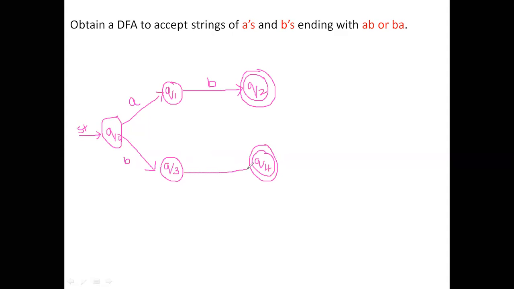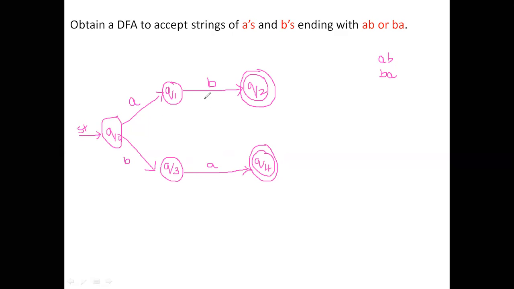Clear? Here it should be A exactly. Then if we receive BA, it will be accepted. So now this particular DFA is able to accept AB and BA. Apart from that, no other string is accepted by this DFA because we don't have a transition.